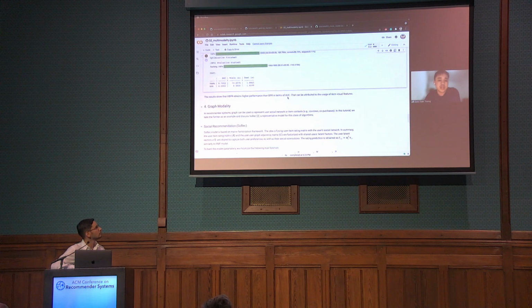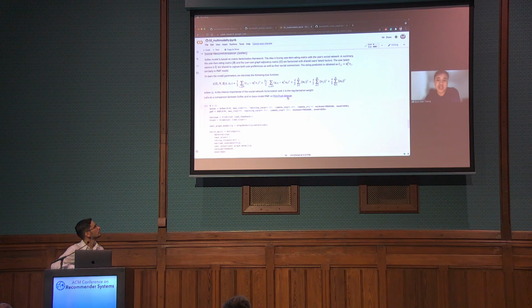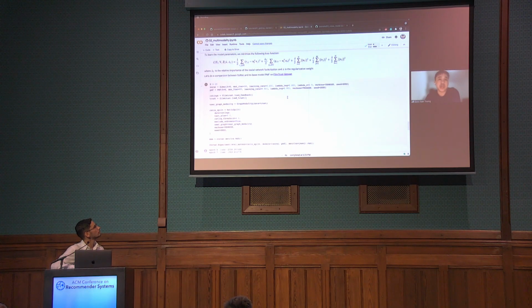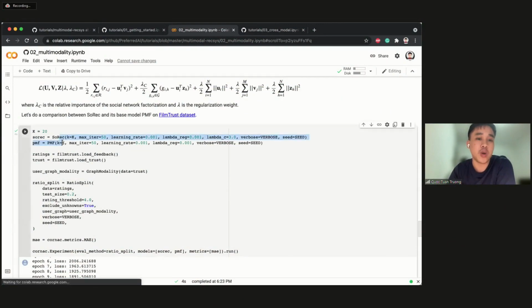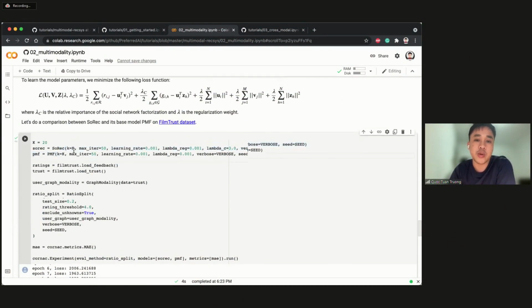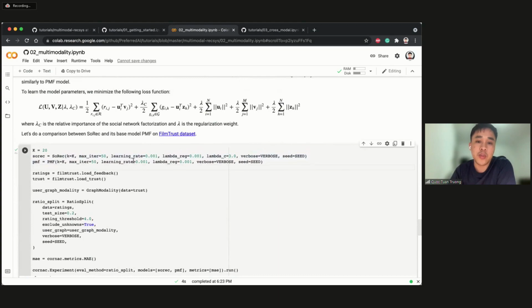All right. So I'll quickly go through the last part here, the graph modality, when we experiment with the SoRec model. The key idea in the SoRec model is the co-factorization of two matrices, the rating matrix and the adjacency matrix of the social network, which share the latent factor of the user.